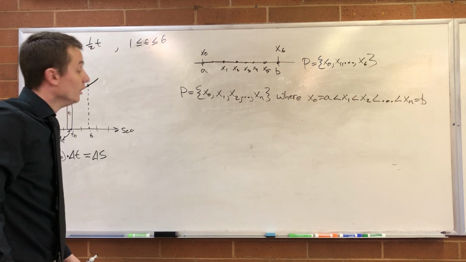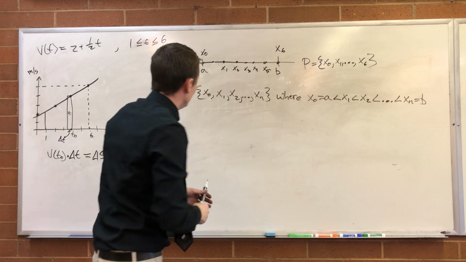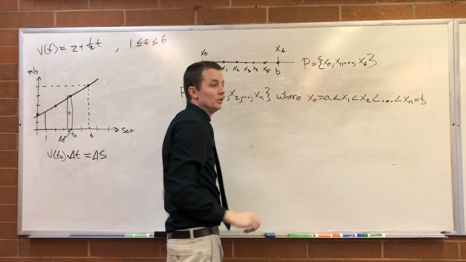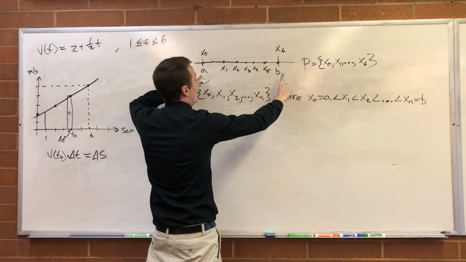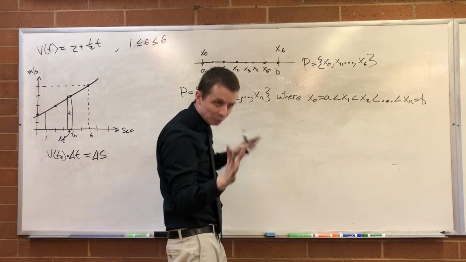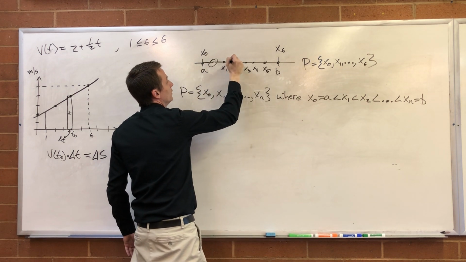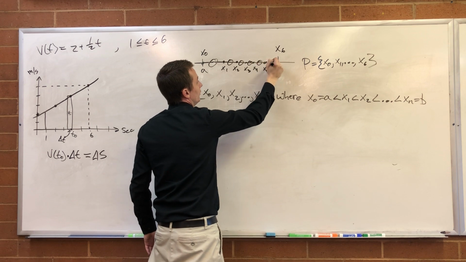Okay. So notice now, even though we have 7 points here, 1, 2, 3, 4, 5, 6, 7, we divided this interval into 6 pieces. 1, 2, 3, 4, 5, 6.